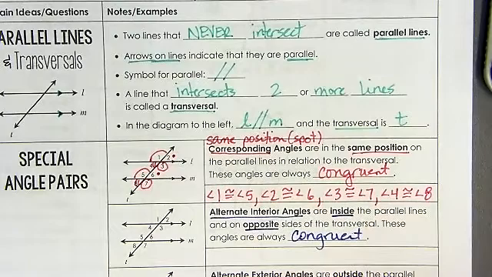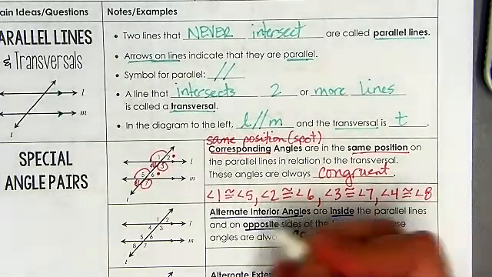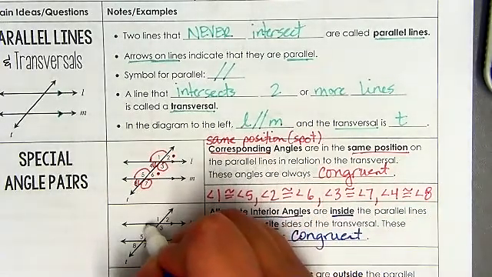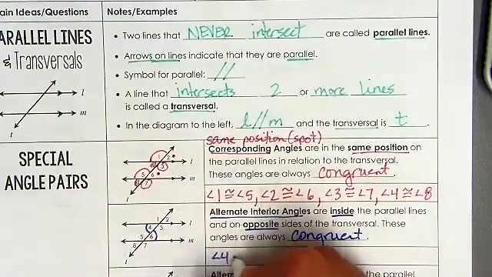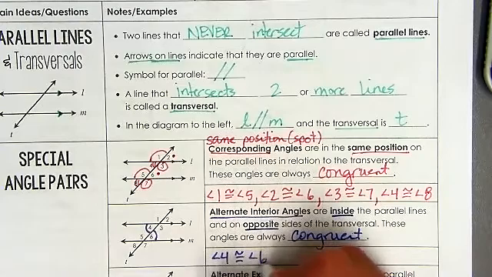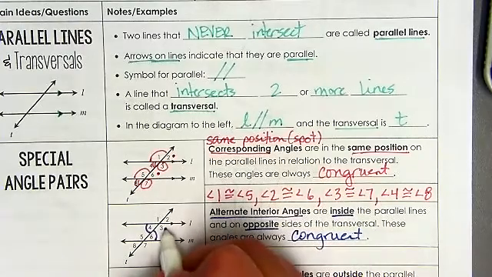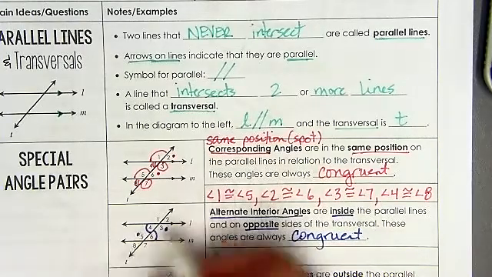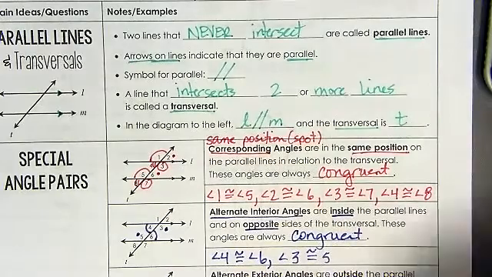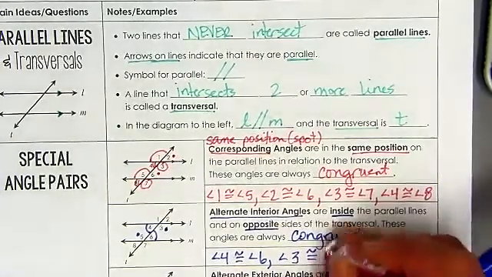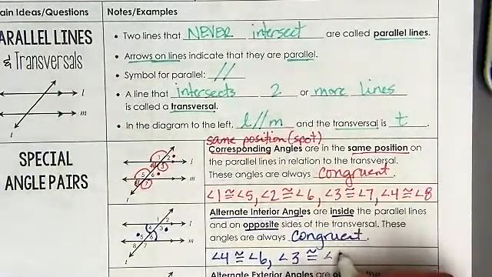So we have angle 4, and it is congruent to angle 6. And another example is 3 and 5. So angle 3 is congruent to angle 5.